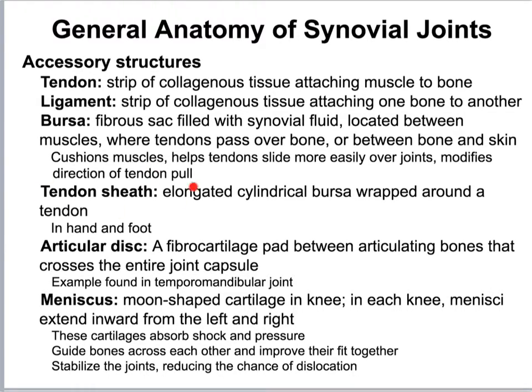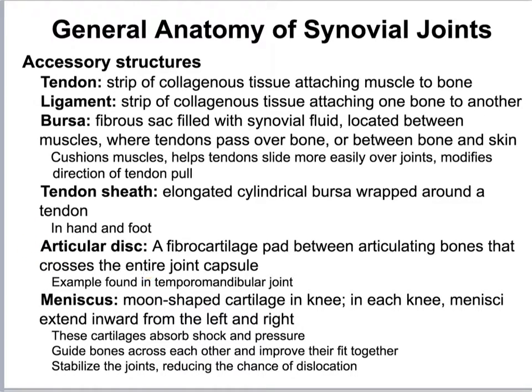A tendon sheath is effectively a bursa that acts as a cylindrical tube that surrounds an entire tendon. It's found mostly in the tendons that control your fingers, whereas bursas are located all over the body.